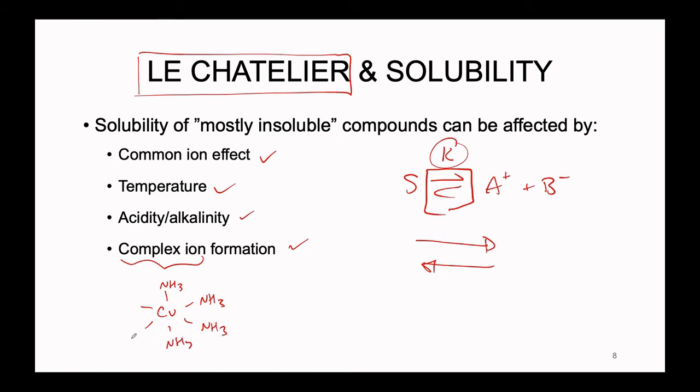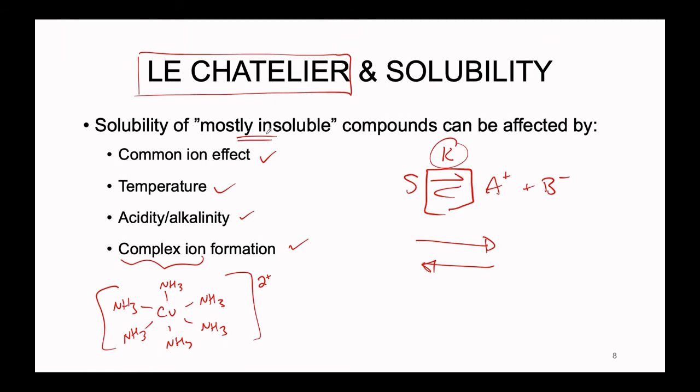In this case, I'm just drawing a bunch of ammonias, NH3s, surrounding this copper, and the total complex, where each of these bonds is not a covalent bond, it is some type of non-covalent or dative bond. It's an intermolecular force holding each of the ammonias to the copper, and this whole thing is going to have a polyatomic ion charge of +2. So this is what we mean by a complex ion. And complex ions can form in solution, and that's going to also affect the solubility of your mostly insoluble compounds.